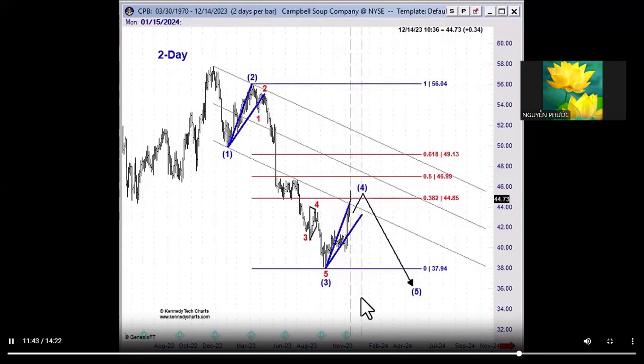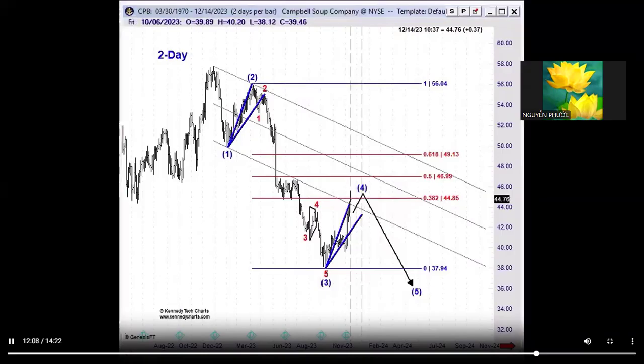It's ready to be picked, so to speak. So as we trade into the final few weeks of December and early January, this is kind of our window of opportunity. We have fulfilled the time component of a fourth wave, but we've also fulfilled the price component of a fourth wave by retracing back to the 382 retracement of wave 3 in this fourth wave price move.